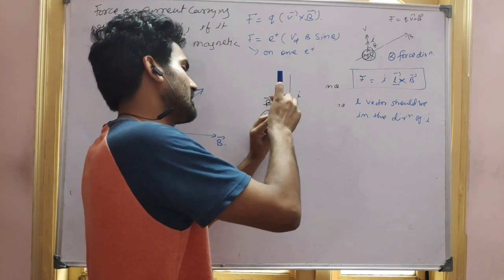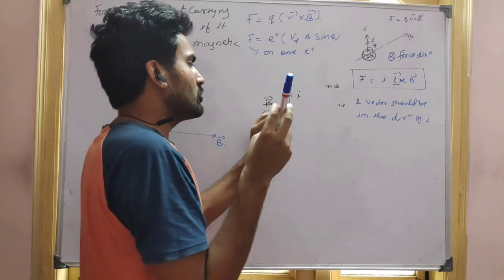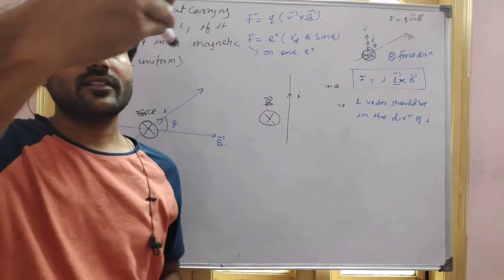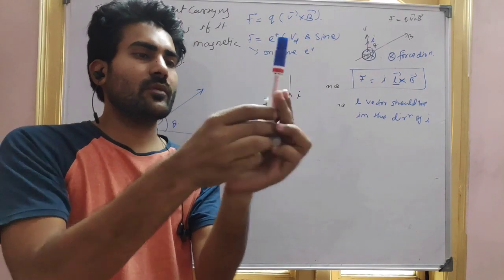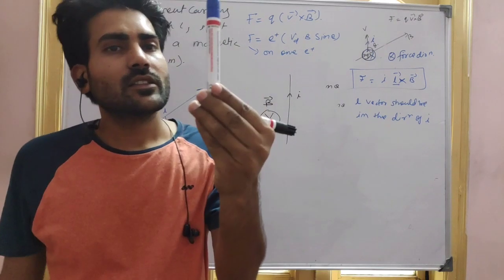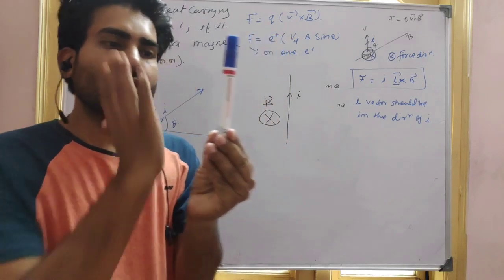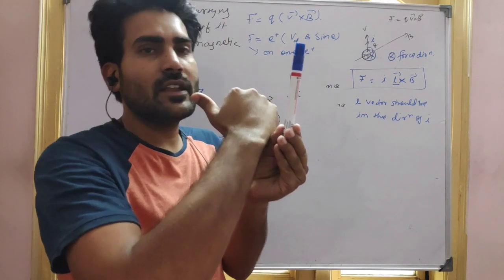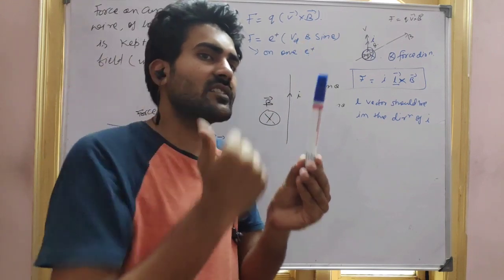The current direction is like this. The black marker is the magnetic field and the blue marker is the current. If you keep your palm on the current and curl your fingers in the direction of the field, then you will get the force in this direction.